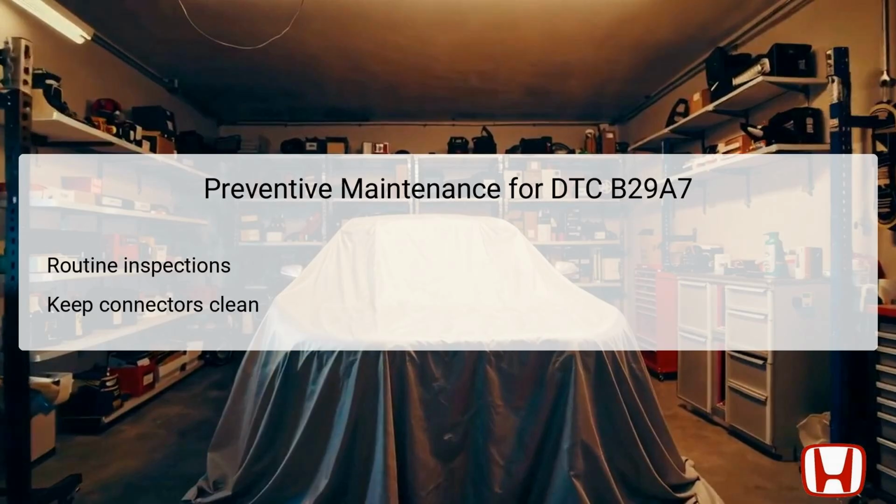It's also essential to keep the connectors clean and free from dirt and moisture, which can lead to poor connections and erratic behavior of components. Ensuring that the electrical connections are well maintained will enhance the longevity of the climate control system and improve overall vehicle reliability. Emphasizing preventive maintenance goes a long way in safeguarding against early component wear and ensuring continued comfort in the vehicle.